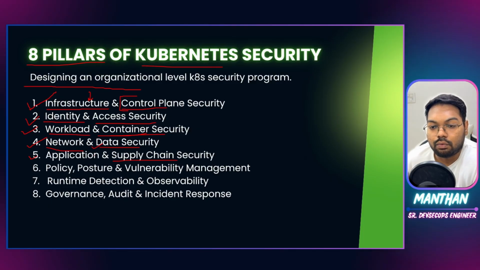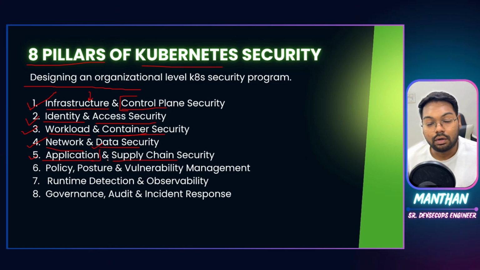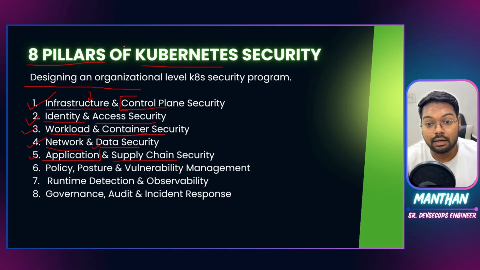That is something we need to make sure of. Then application security itself is a whole topic in itself, on how we can secure what we need to secure and what different types of threat mechanisms there are. Then there come policies, posture, and vulnerability management for our entire cluster, and along with it, the components that are there.